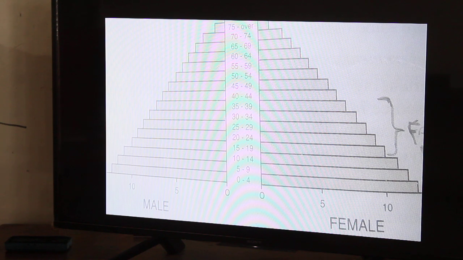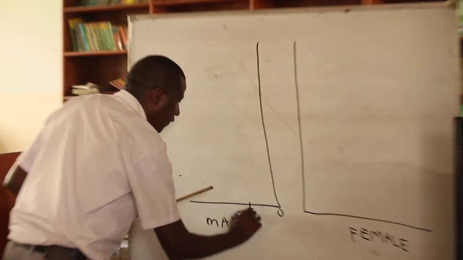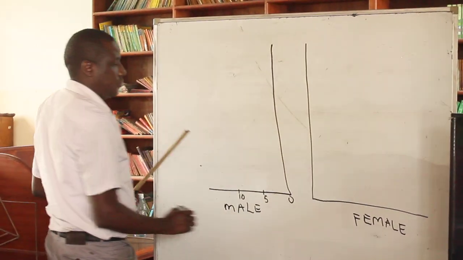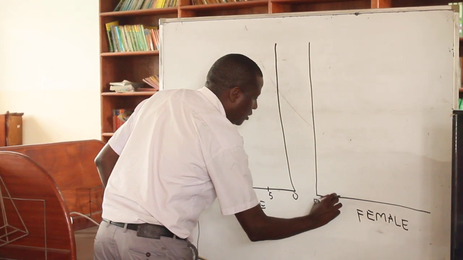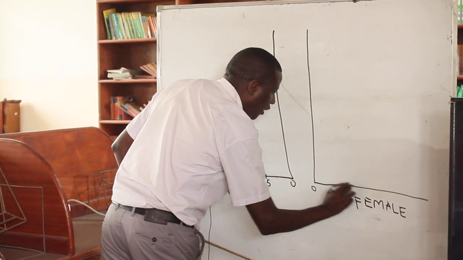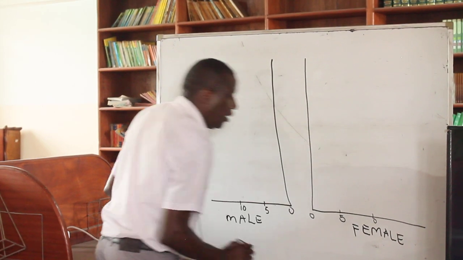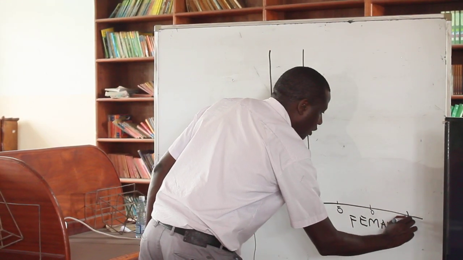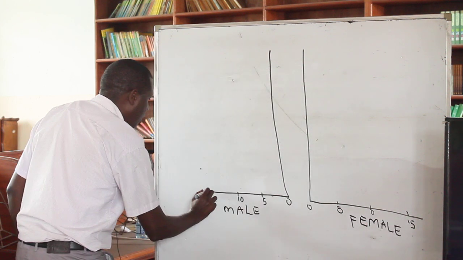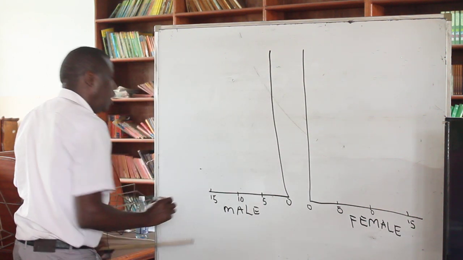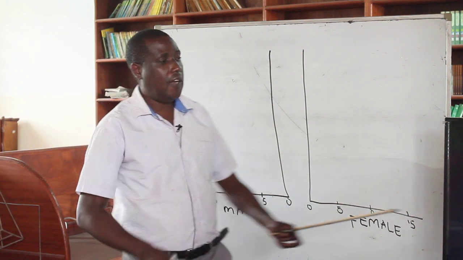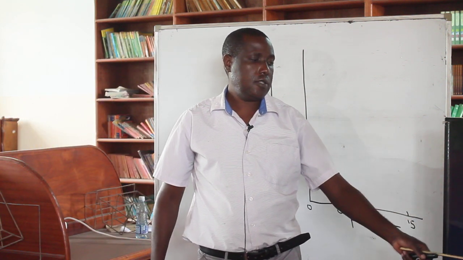Alright, then we have 0, we have 5, we have 10, the same here, 0, 5, 10, and we have 15 here, and 15 here. Then here we have the ages.